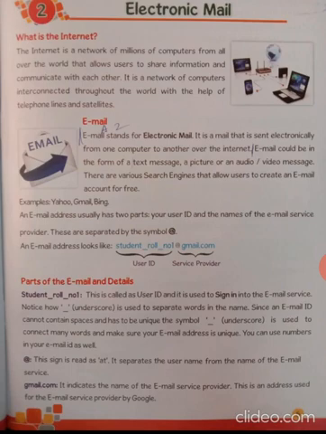Parts of an email and details. Student roll number, this is called the user ID. The first part is called the user ID, and it is used to sign into the email service. Notice how underscore is used to separate words in the name, since an email ID cannot contain space and has to be unique.